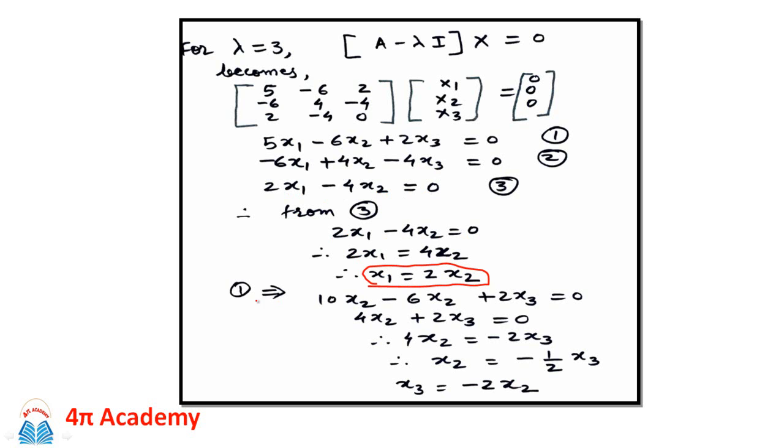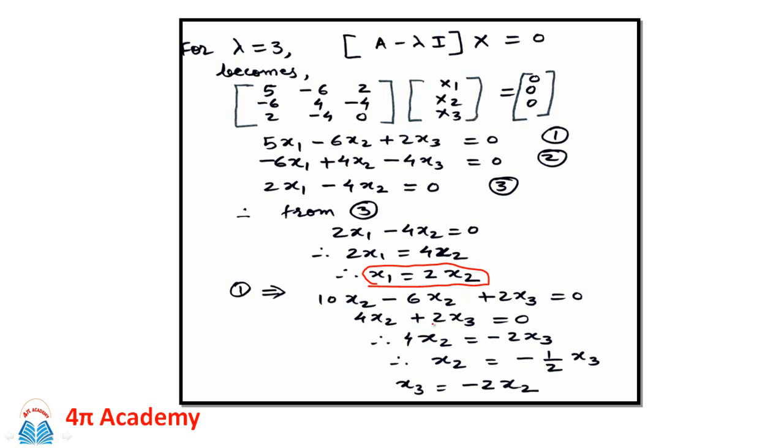Now from equation 1, here we substitute x1 as 2 times x2 in this equation. So it will be 2 times x2 into this 5x1, so this will be 10 times x2. I put here x1 as 2 times x2 in equation 1, so it will become 10 times x2 minus 6x2 plus 2x3 is equal to 0.